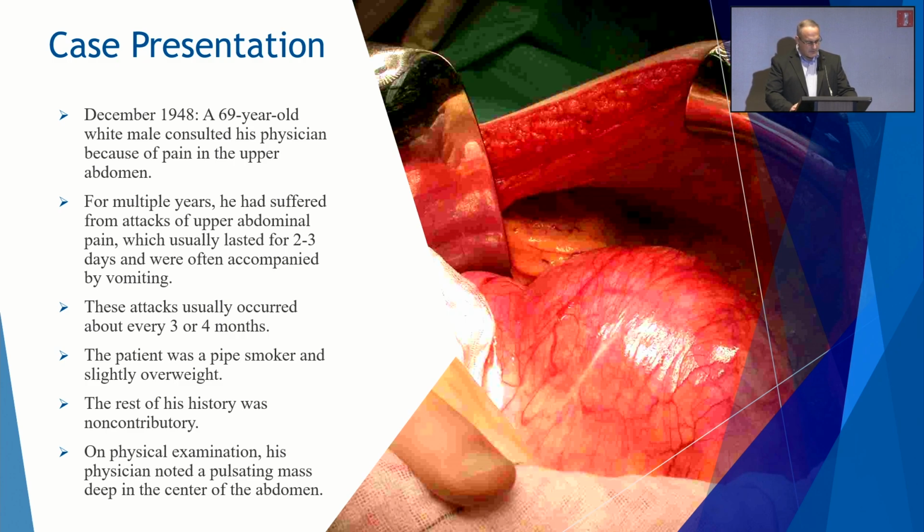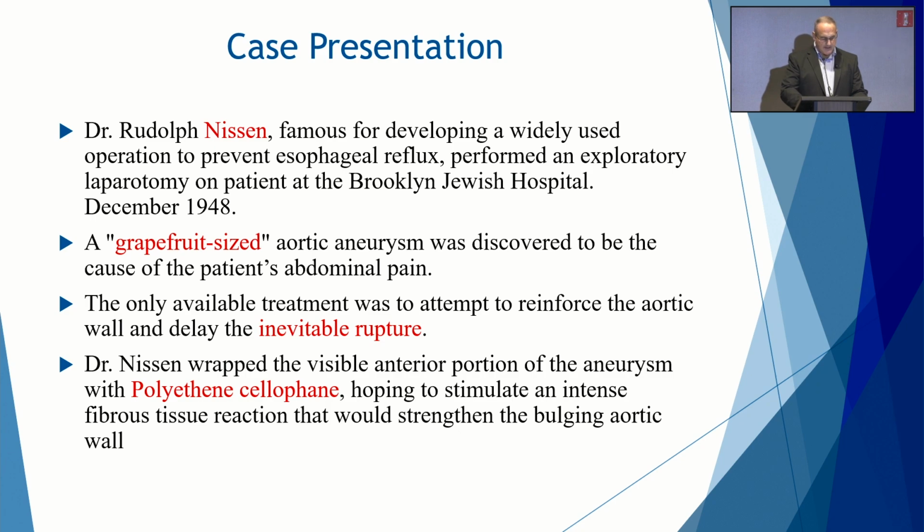The patient was a pipe smoker, a little overweight, and on physical exam had a pulsating mass deep in the center of his abdomen. The doctor was Rudolf Nissen, a very famous general surgeon at the time. He performed an exploratory laparotomy and found a very large aortic aneurysm.